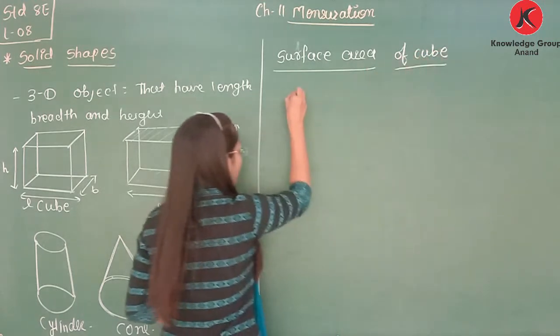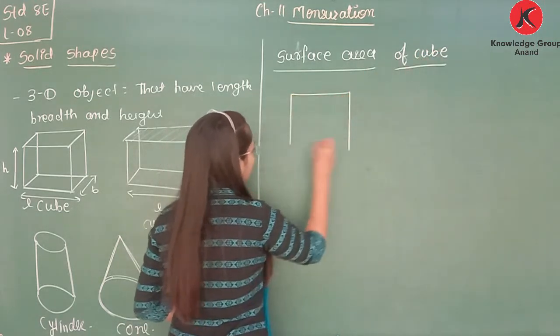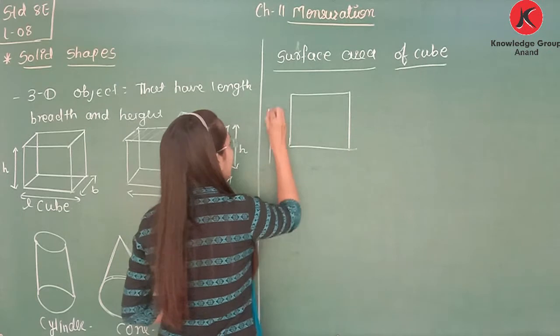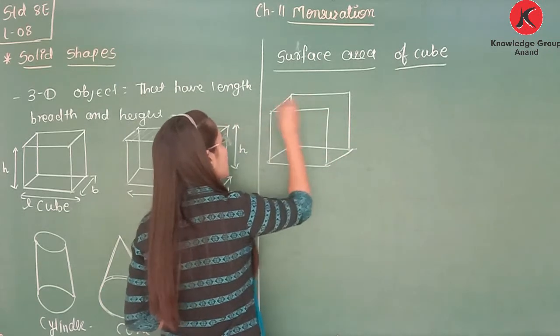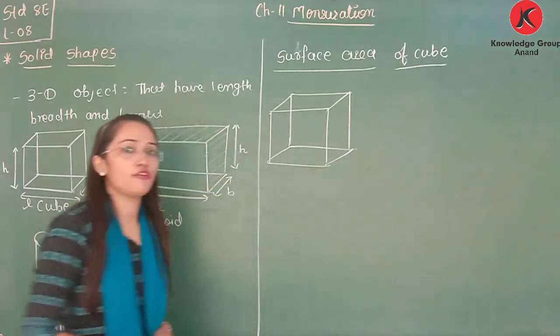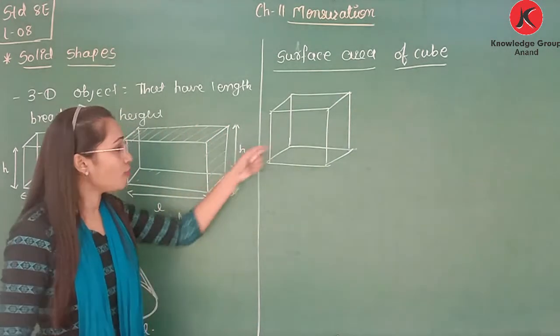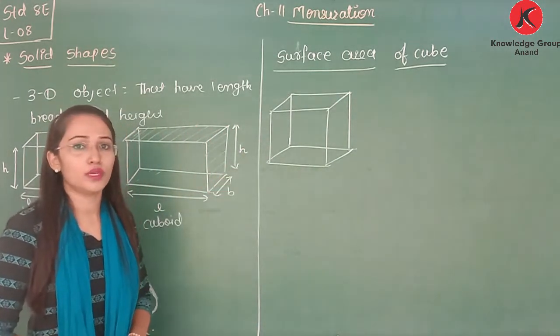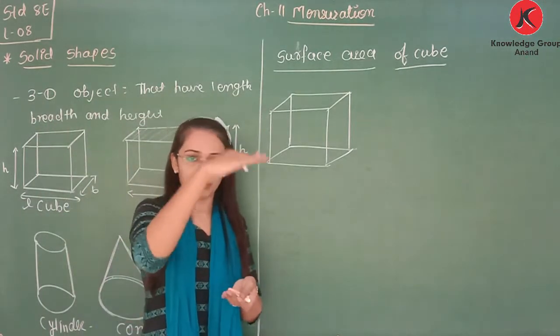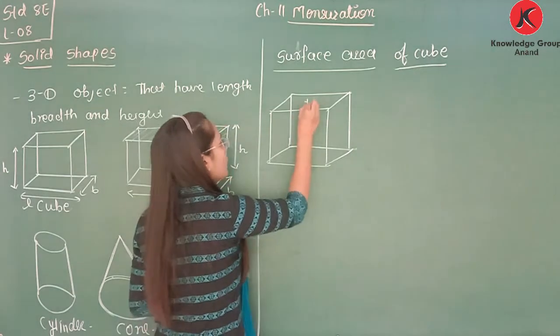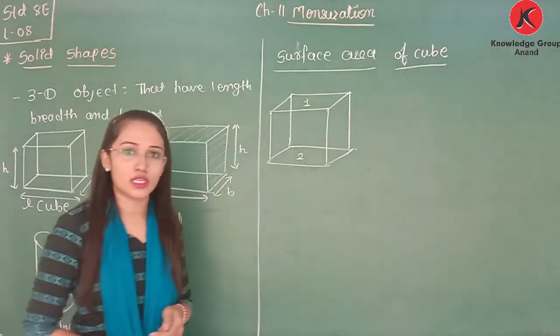Now, if we draw a cube, then how many faces do we have in the cube? Surface area means we need to find the area of the flat surfaces. So how many flat surfaces do we have in a cube? If we take any box that is a kind of cube, it has a top surface and a bottom. So this is our first and second surface.